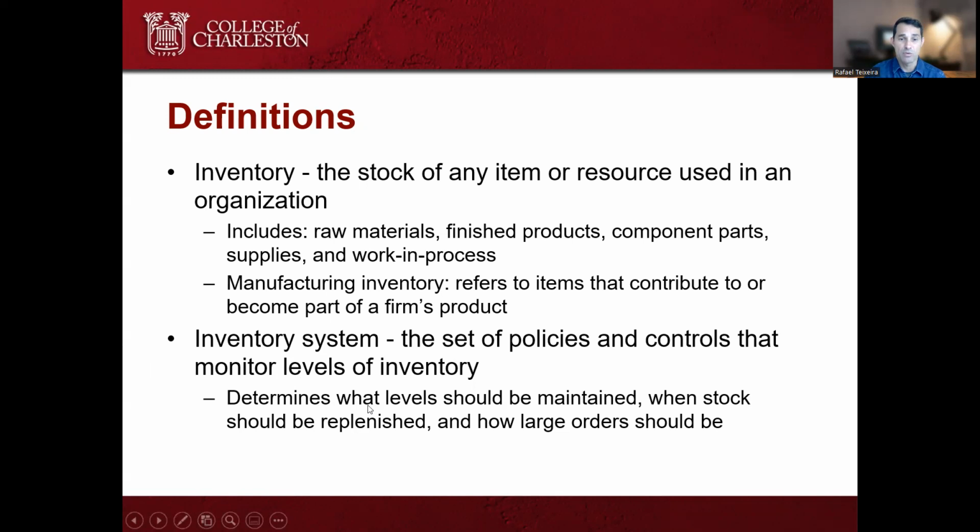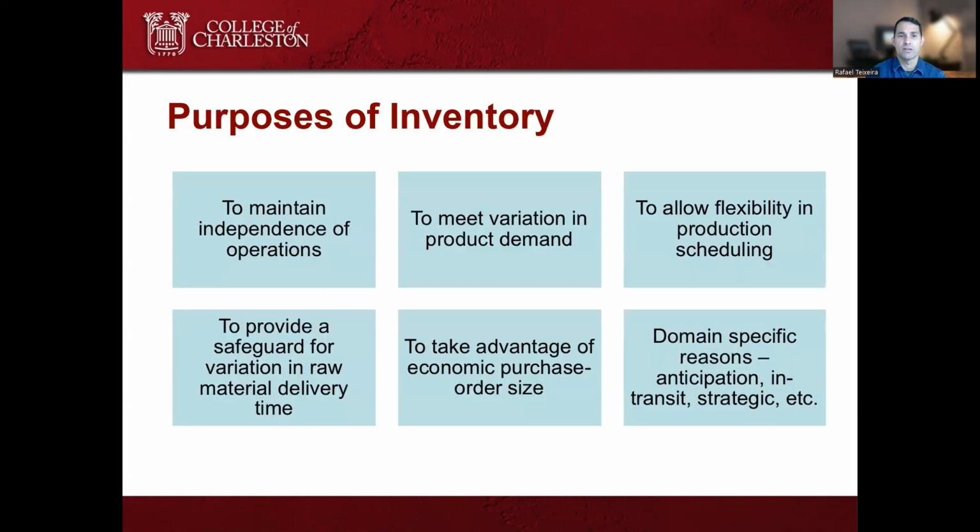The inventory system helps to determine what levels should be maintained, when stock should be replenished, and how large orders should be. We're going to view different inventory systems in this module, in this class. But let me talk about that later.